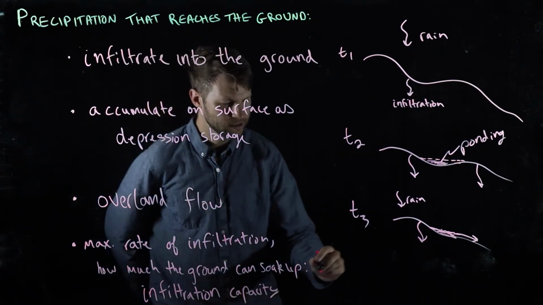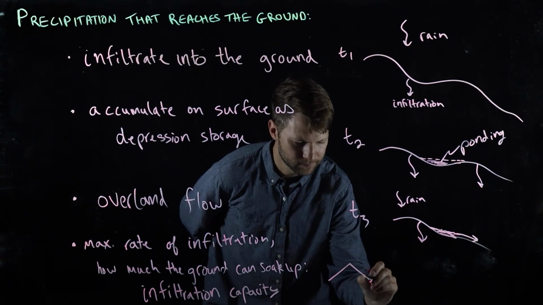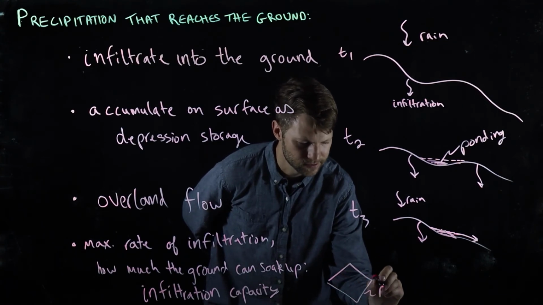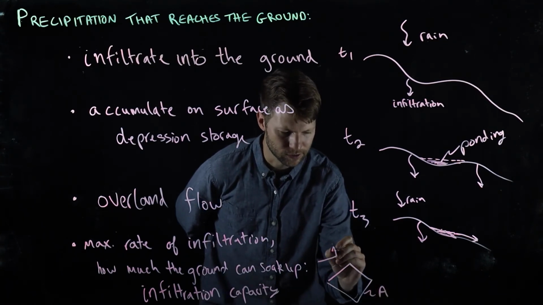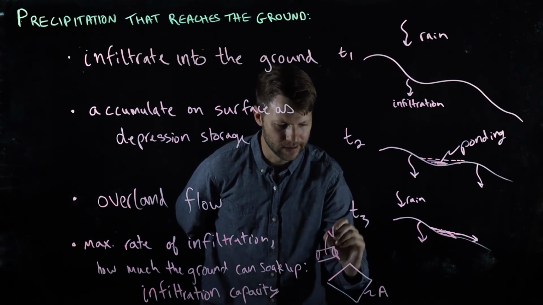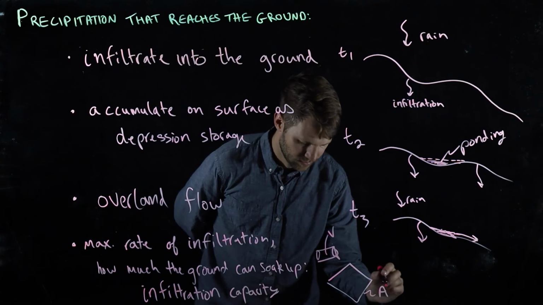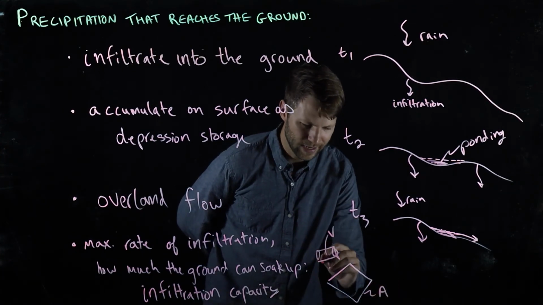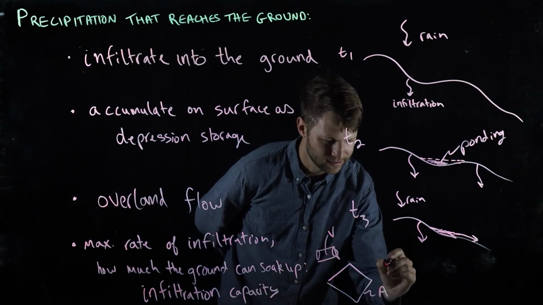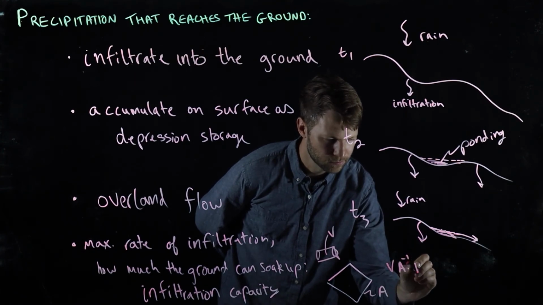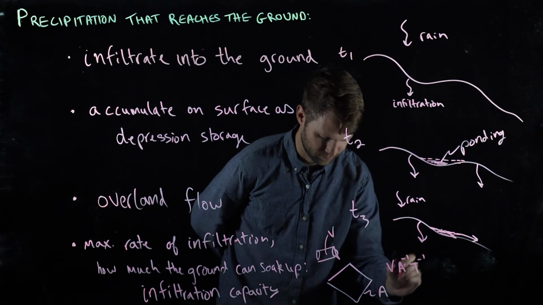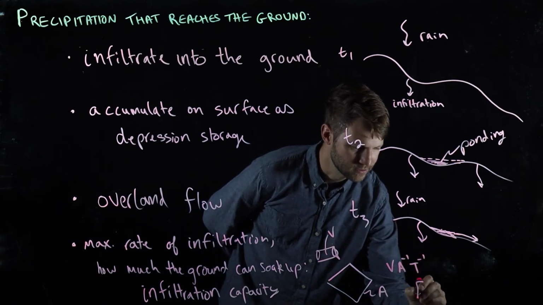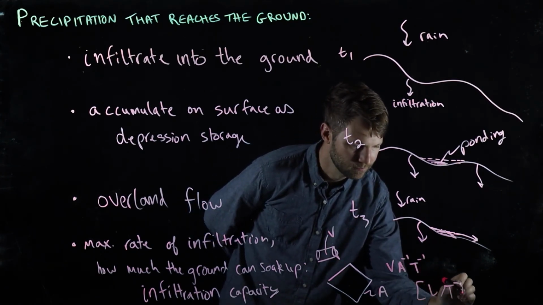And again, imagine that you had some area of ground surface and you've got some pitcher of water maybe that you're pouring into it, and it has a volume. The rate, the infiltration capacity, is the volume per area per time, which has dimensions of length per time.